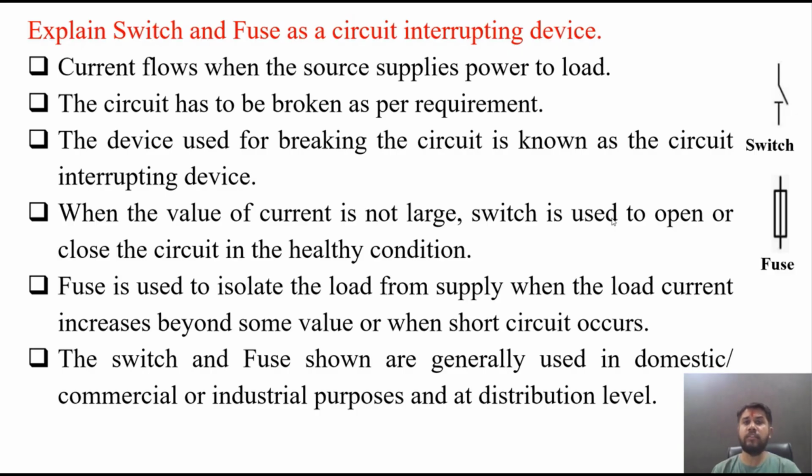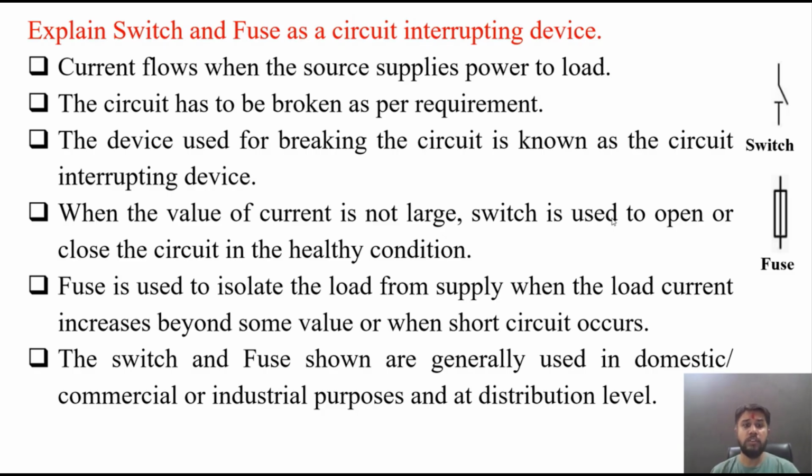Explain switch and fuse as a circuit interrupting device. So current flows when the source supplies the power to the load. The circuit has to be broken as per the requirement. The device used for breaking the circuit is known as a circuit interrupting device. When the value of current is not large, a switch is used to open or close the circuit in healthy condition.